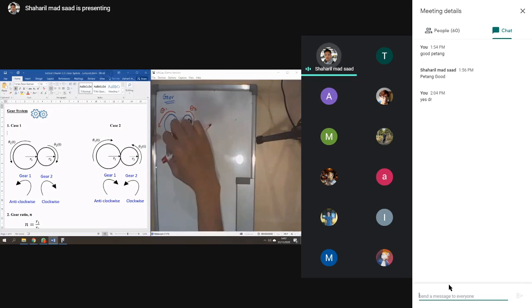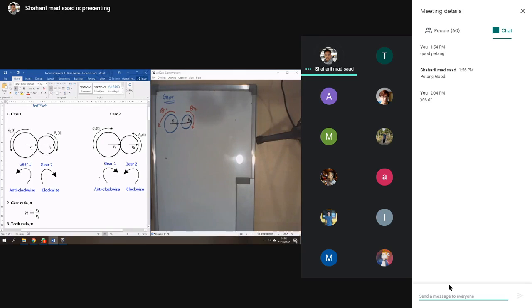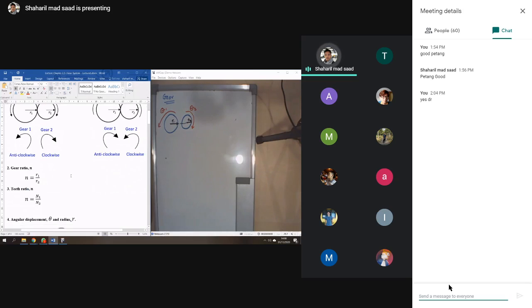Your gears need to rotate, one anti-clockwise and the other clockwise, so they are opposite to each other so that your gears can rotate. You cannot have gears that rotate in the same direction, because then they will get stuck to each other.